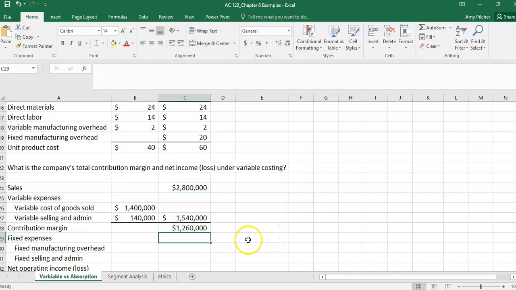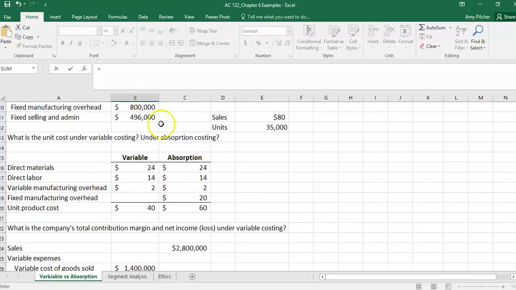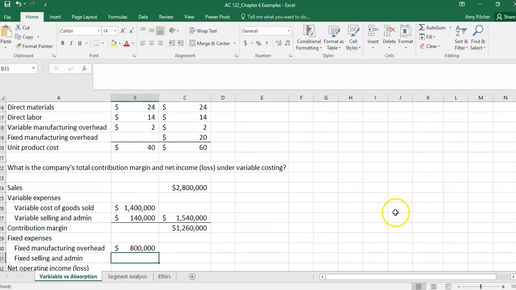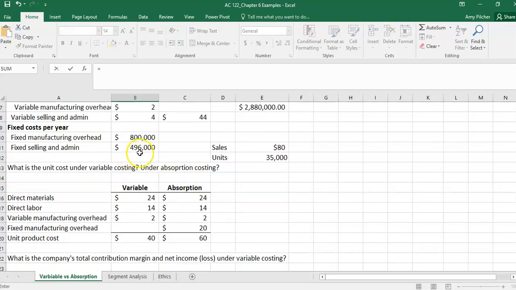Or 1,260,000. We then have our two fixed expenses, our fixed manufacturing overhead of 800,000 and our fixed selling and administrative costs of 496,000.